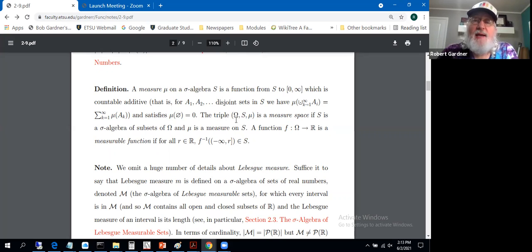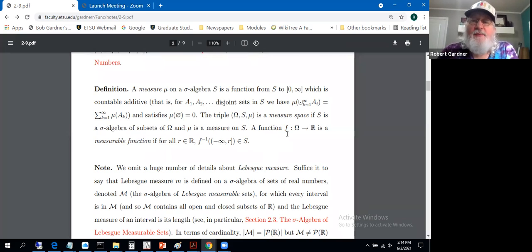Given a set capital omega, a collection of subsets S, and a measure mu, this triple of items is called a measure space if S is a sigma algebra of subsets of omega and mu is a measure on S. So when the sets on which the measure is defined form a sigma algebra, that's when you get a measure space by definition.